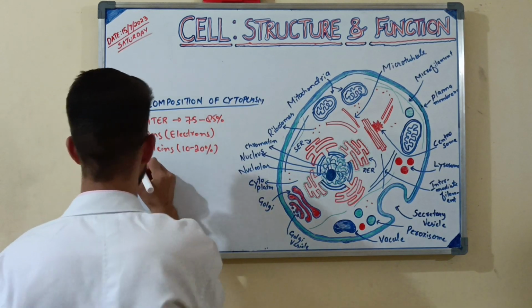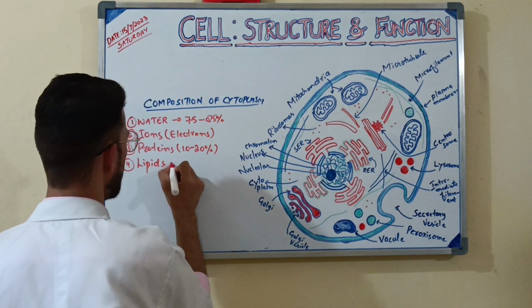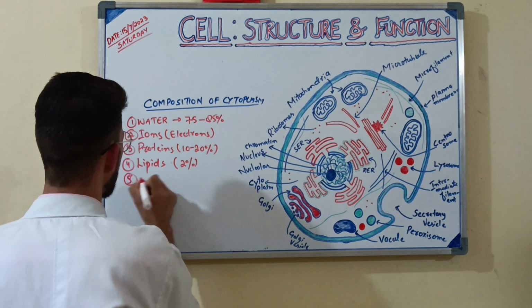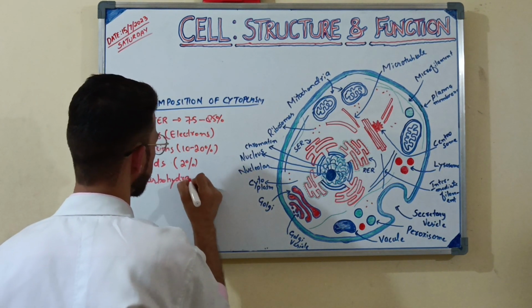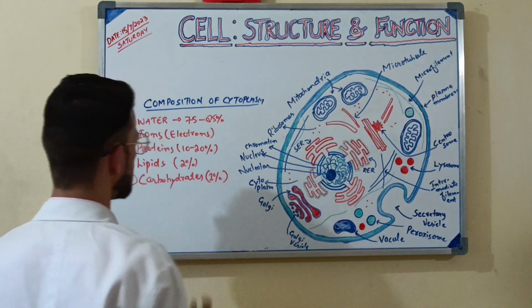Fourth one is lipids, and they make up about 2%. And last one is carbohydrates, which make about 1% of the total cell mass.